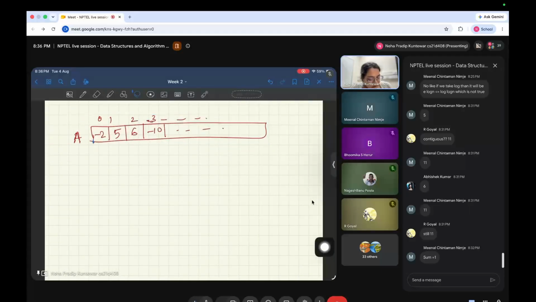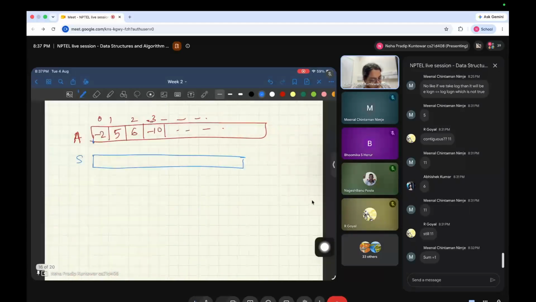So this was our array, and instead of doing any major changes, if we just do the following, if S of I is implemented as the maximum of S of I minus 1 times A of I, comma A of I. If this is what we do, then this entry is minus 2.